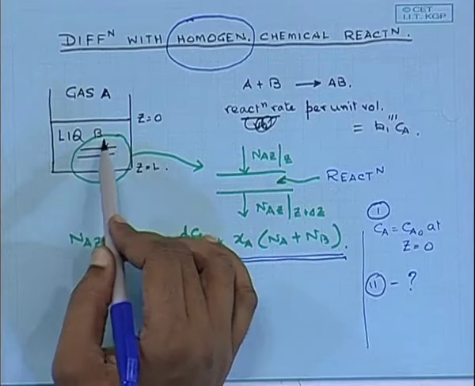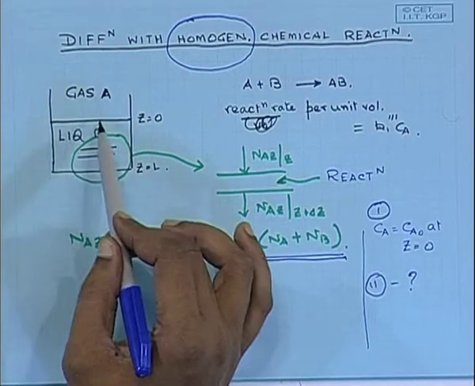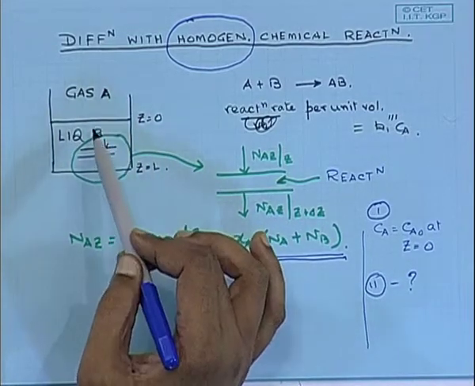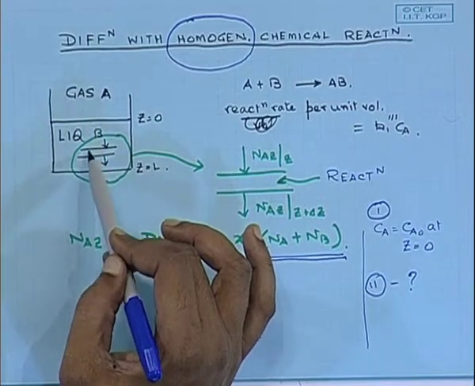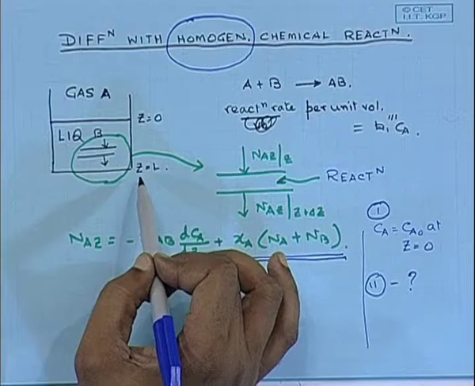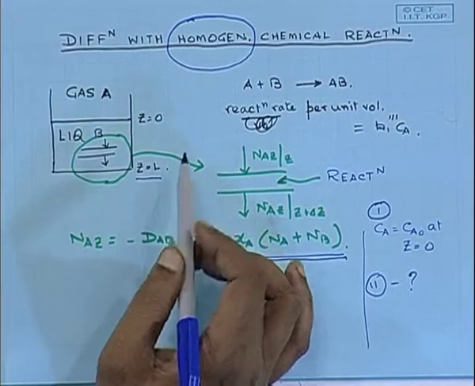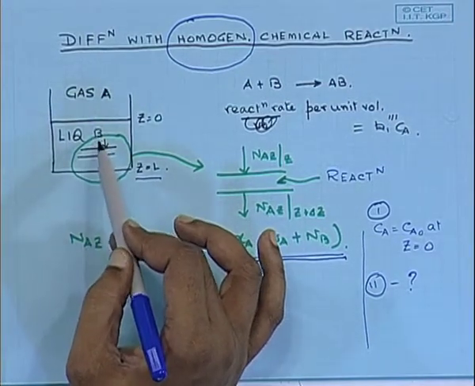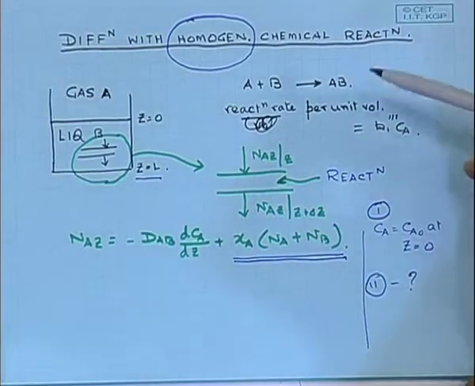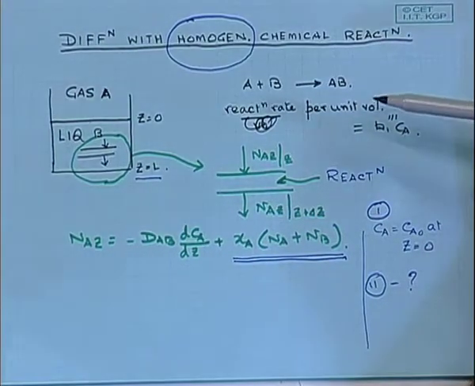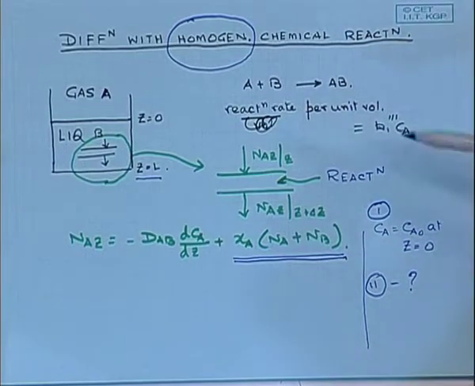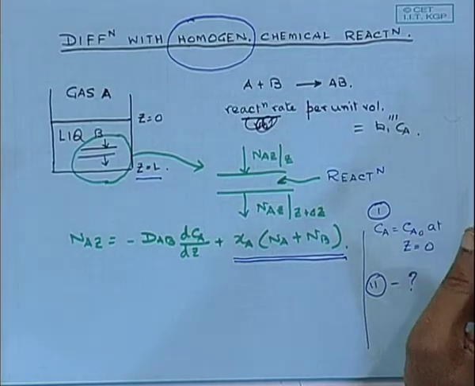So, for that we have a liquid, let us call it B, in contact with a gas. The gas dissolves in liquid B and then starts diffusing towards the bottom, which is situated at Z equal to L. As it diffuses through the liquid, it undergoes a chemical reaction A plus B giving AB, and the reaction rate per unit volume is given as K1 triple prime Ca.